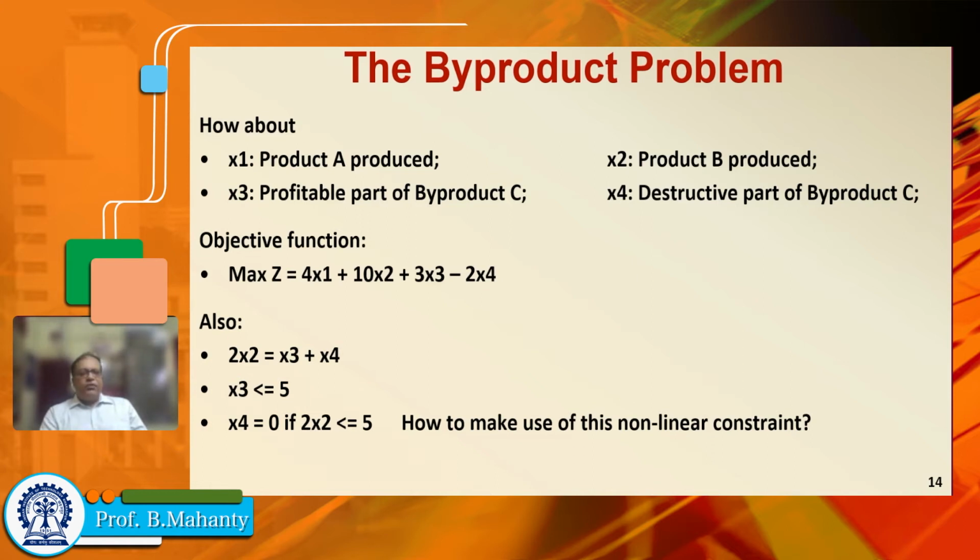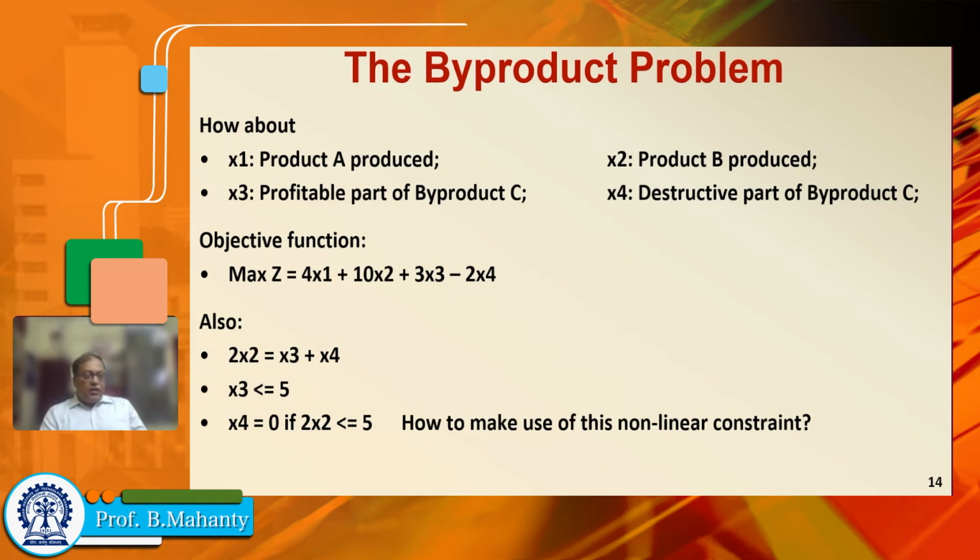X1 is the product A produced, X2 is the product B produced, X3 is the profitable part of byproduct C, and X4 is the destructive part of the byproduct C. That means that portion which is not profitable and has to be destroyed at a cost of 2 per unit. So one thing is very clear, the objective function can be very easily stated: 4x1 plus 10x2 plus 3x3 minus 2x4, no issues there.